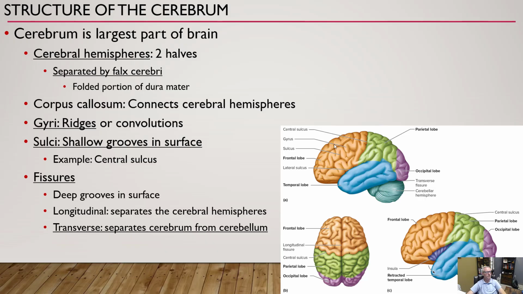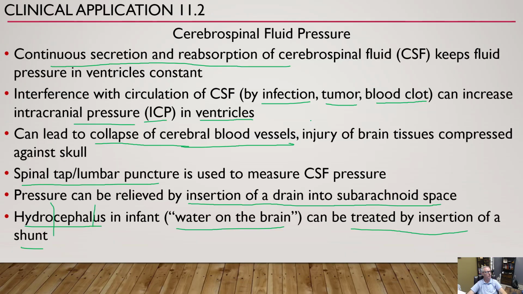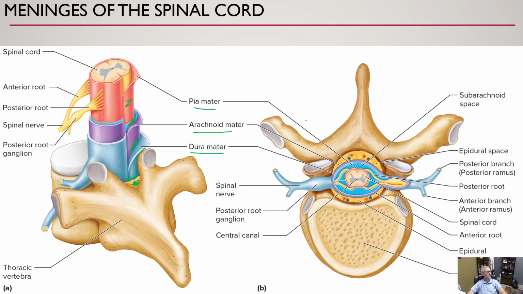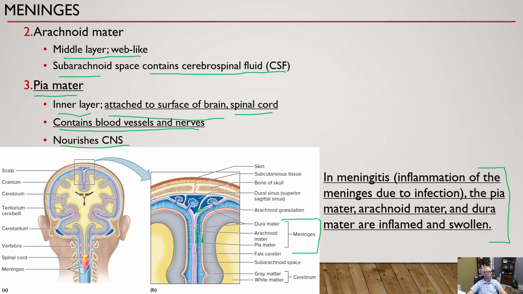It's a folded portion of the dura mater. So it might be up here. There it is, right here, this falx cerebri. That would separate the left and right cerebral hemispheres.